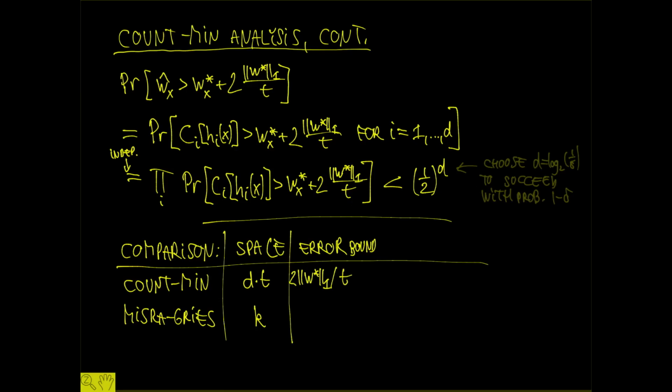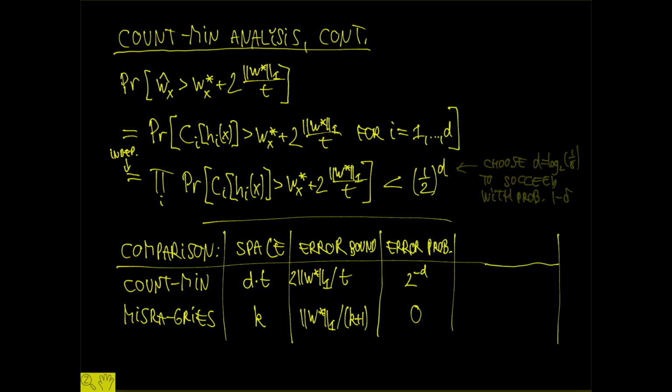The error bound for count min is twice the L1 norm divided by t, and for Misra-Gries it's the L1 norm divided by k plus 1. Count min has an error probability of 2 to the minus d, whereas Misra-Gries is deterministic and doesn't have an error probability. Or if you like, it's 0.